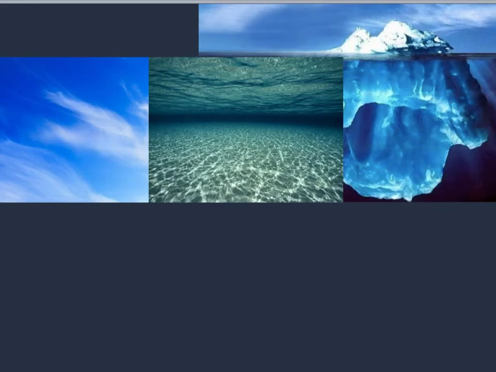Okay. So here I just have some fun little pictures, right? You could think of this as our picture of air. Then we've got water, and then I put a picture of an iceberg here because this is ice. So that is our solid. We can also think of those as examples of solid, liquid, and gas. So I'm going to go ahead and write those words here too. So we've got a gas, we've got liquid, and we've got a solid.